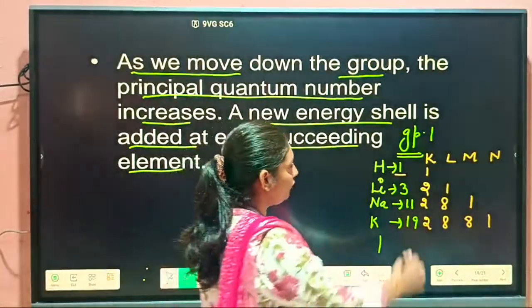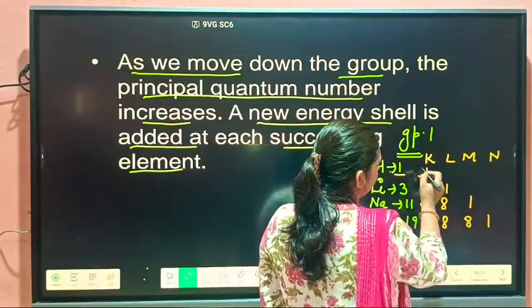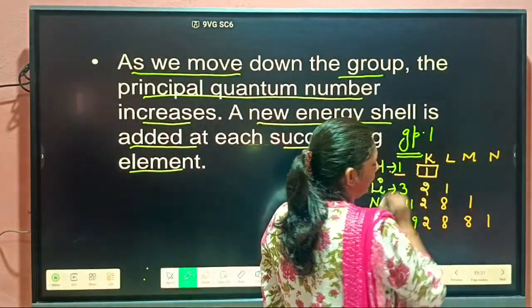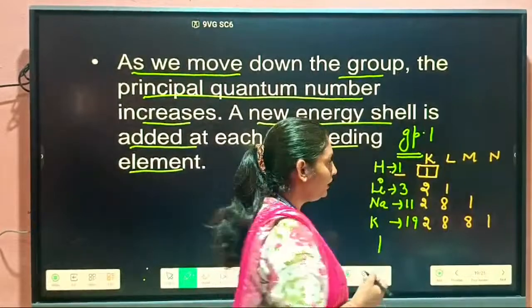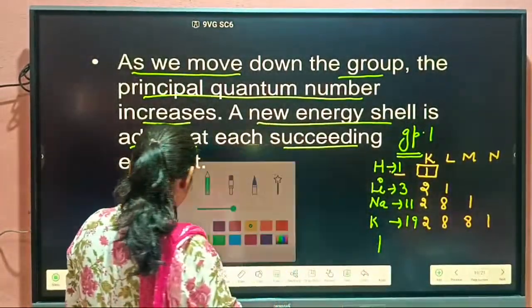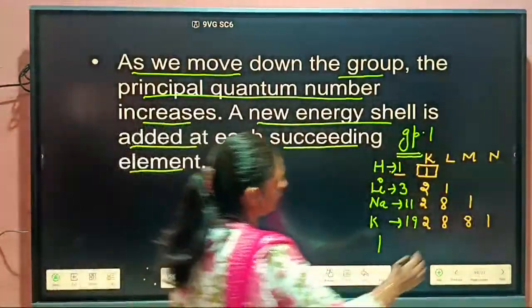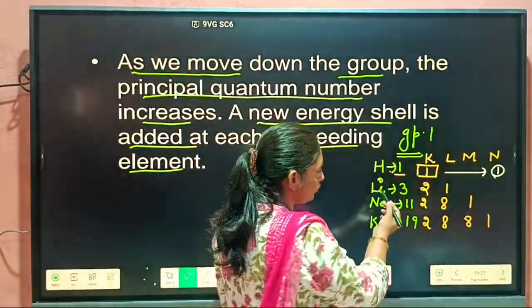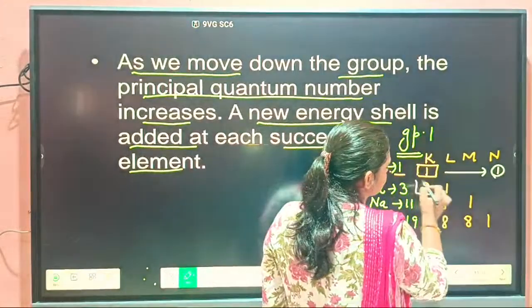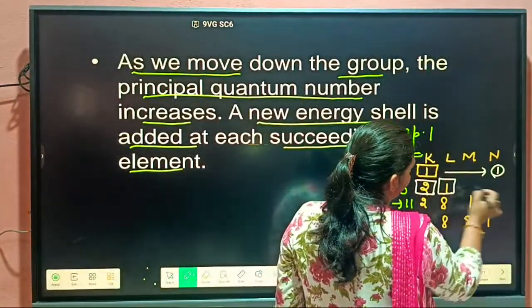So in case of hydrogen, only one shell is here. But in case of lithium, there are two shells, K shell and L shell.